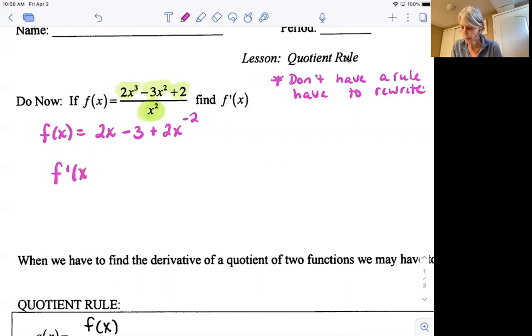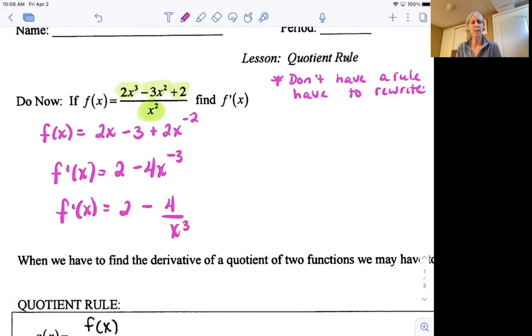F prime of x is now 2. The 3 just becomes 0, minus 4x to the negative third, which we can always rewrite with positive powers. Okay. We could actually even go a step further, and we can write this as one rational expression, right?